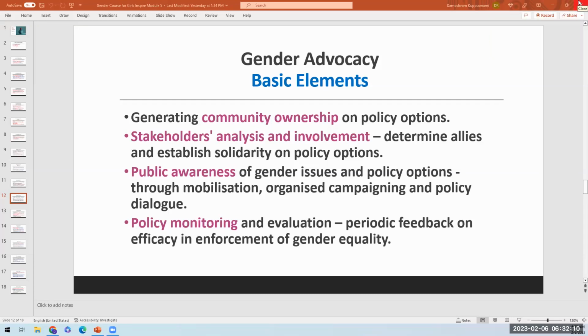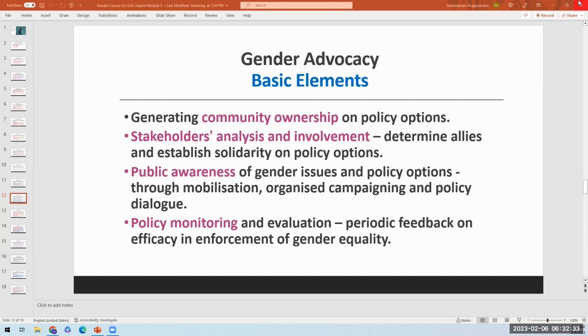Thank you, Prof, for explaining this gender advocacy very well. I'm trying now to clarify my own understanding. I now understand that what we are also doing as gender machineries within governments is part of gender advocacy.